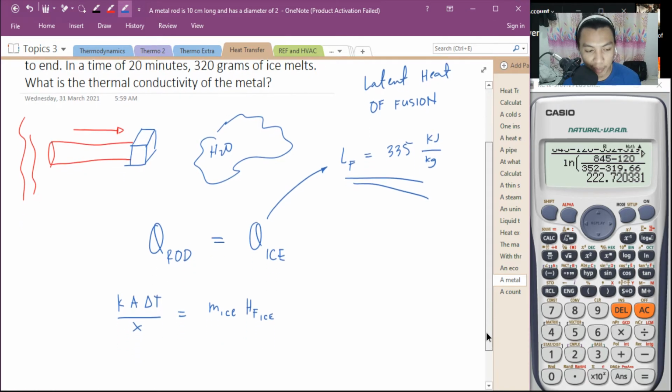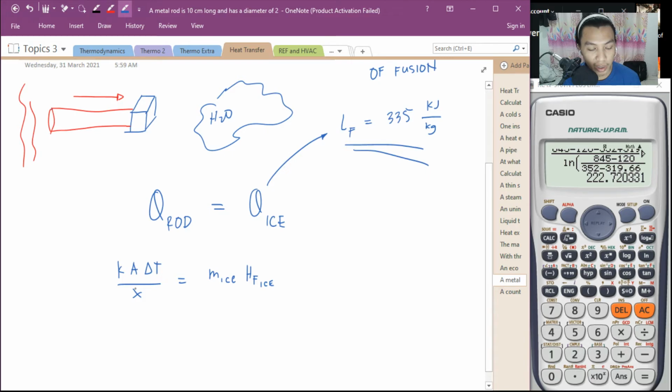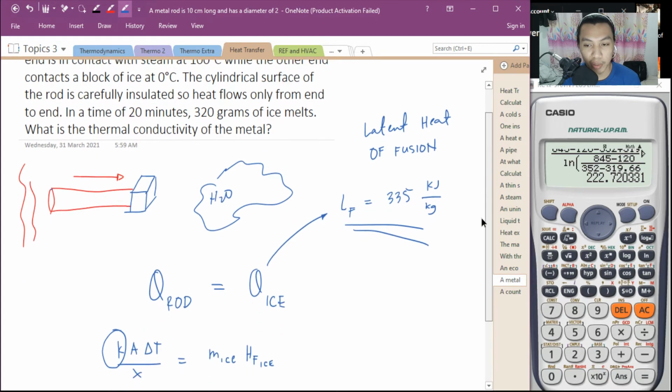What are we looking for here? The one we are finding is the thermal conductivity of the metal.